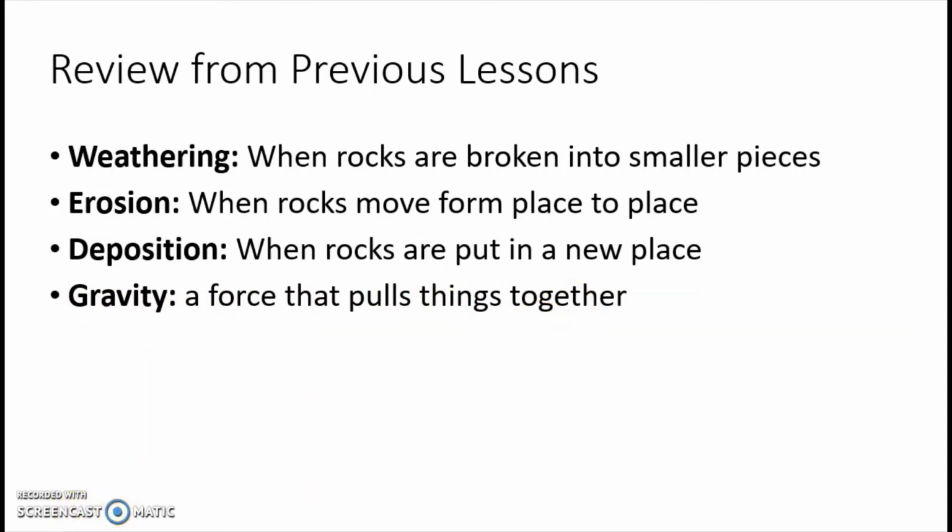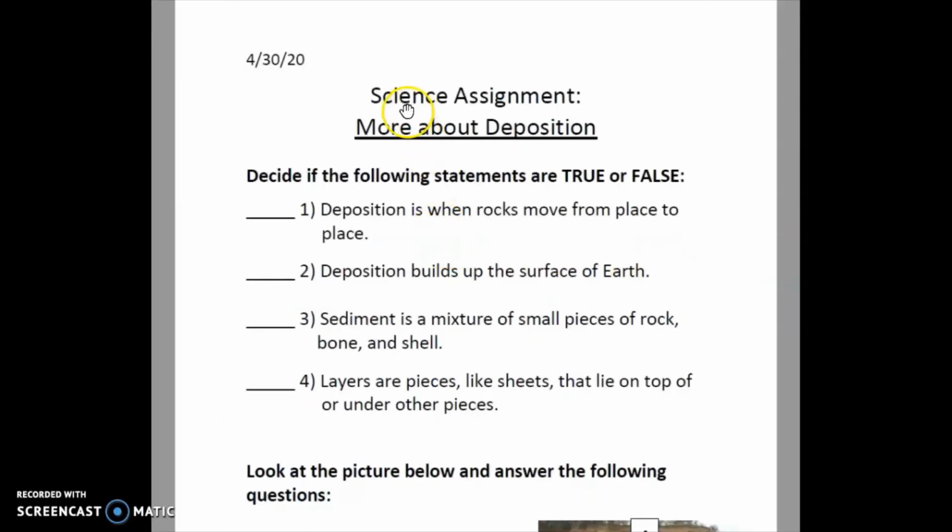Let's look at our assignment. Science assignment: more about deposition. Decide if the following statements are true or false. Number 1. Deposition is when rocks move from place to place. You decide if that's true or false. Number 2.